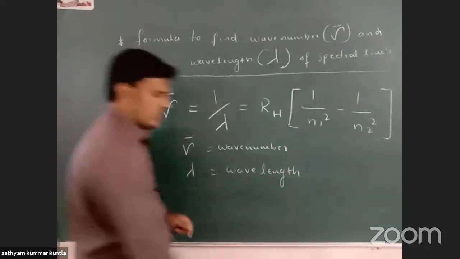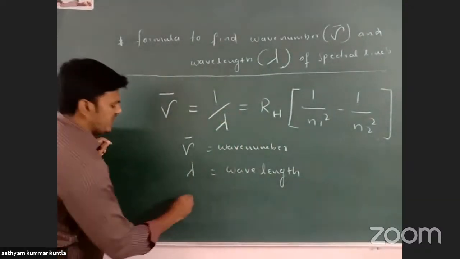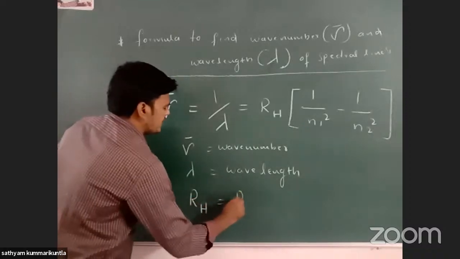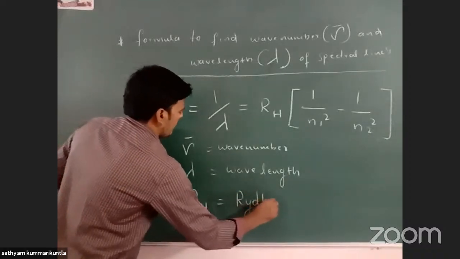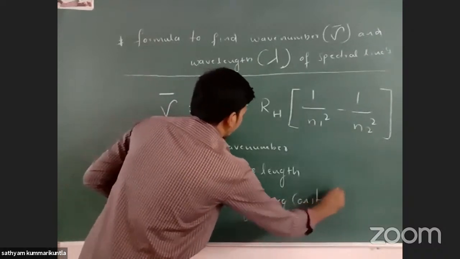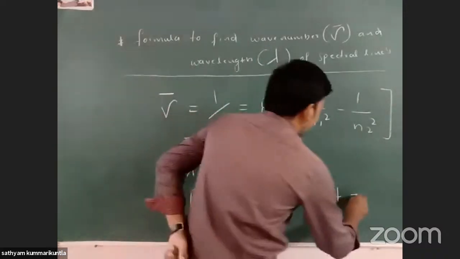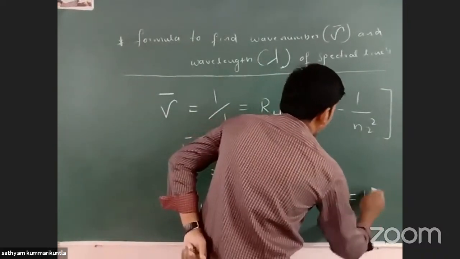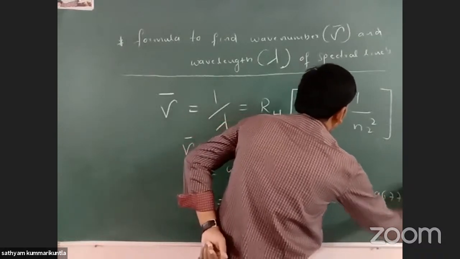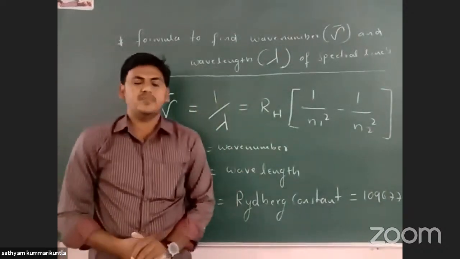And very important, RH means Rydberg constant. Generally, Rydberg constant value is 109,677 centimeters inverse.